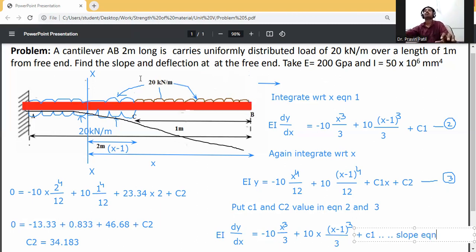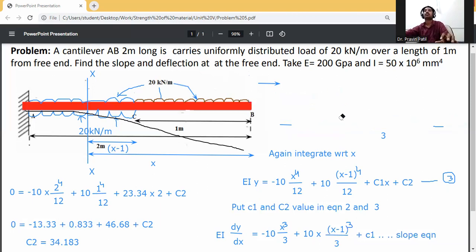Okay. So now put in equation number 3 for getting the deflection equation.